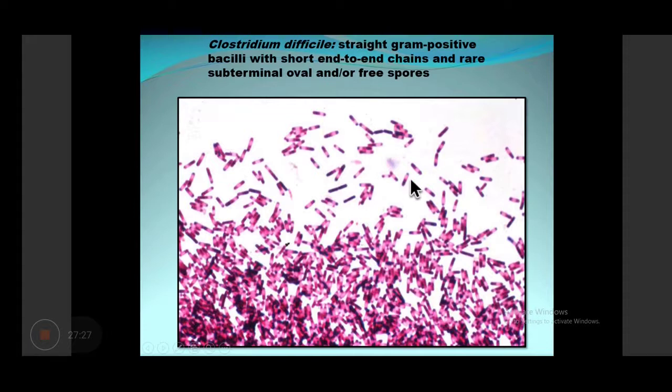This less stained area is the spore. If this less stained area is subterminal, there are subterminal spores. So these are defined on the basis of the presence of spore in that bacilli, terminal or subterminal. Clostridium difficile has the subterminal spore. And this is a terminal spore here.